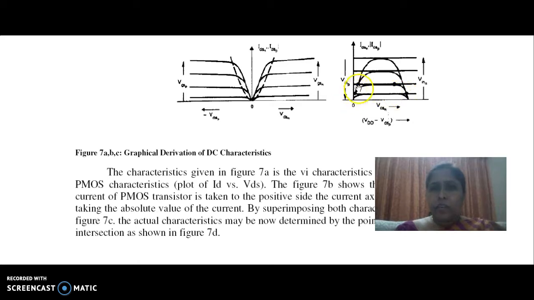Similarly, for this operating point, P MOSFET is in saturation and N MOSFET is in the non-saturation region. Below these points, there is no current flow. So what you can say is N MOSFET is in cutoff region and P MOSFET is in non-saturation region, as the curve is rising there for P MOSFET.